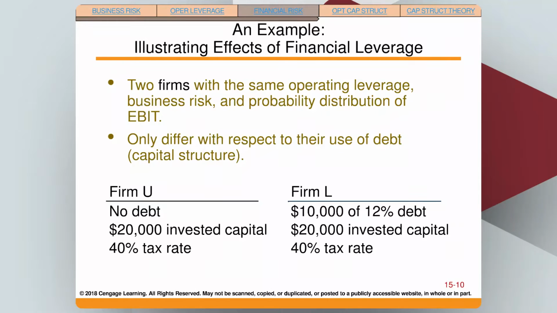Si firm L, may utang siya, 12% interest, with $10,000 debt, and also 20,000 invested capital and 40% tax rate. Ano pa kakaiba niya?